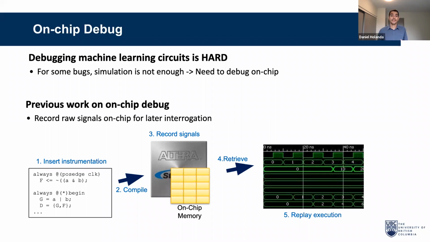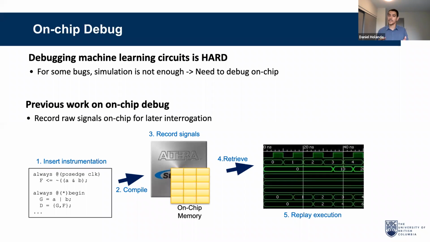Traditional on-chip debuggers are things such as Signal Tap, which you're seeing there on the screen. The idea is that they provide visibility by recording the behavior of the design as it runs at speed, for later interrogation. First, as you can see there, step number one is you look at your RTL and decide which parts of the RTL design you want to observe. So you insert instrumentation at this point. Then you compile your circuit, you put it on an FPGA, and you run it at speed.